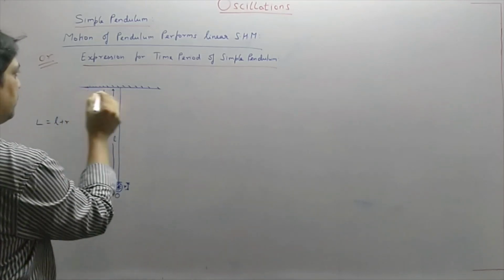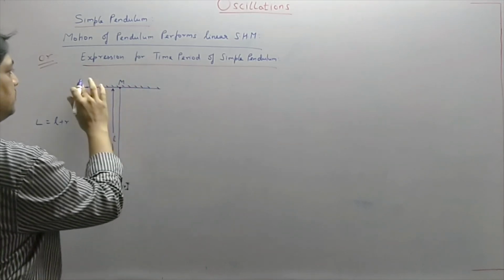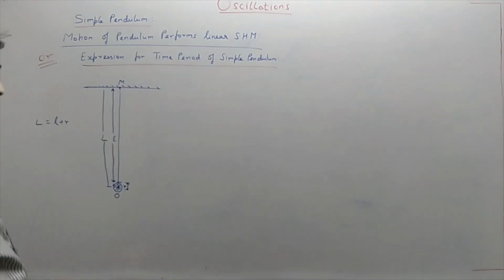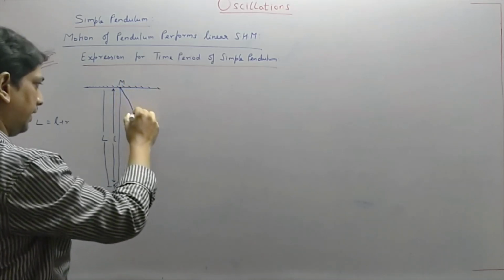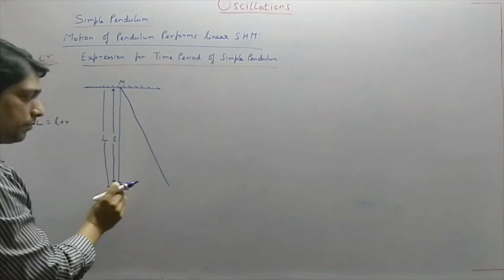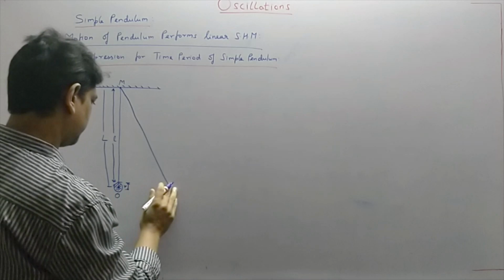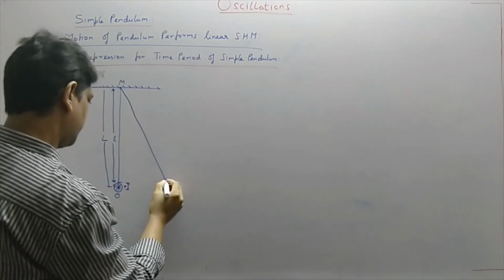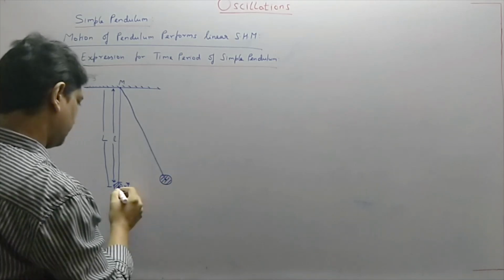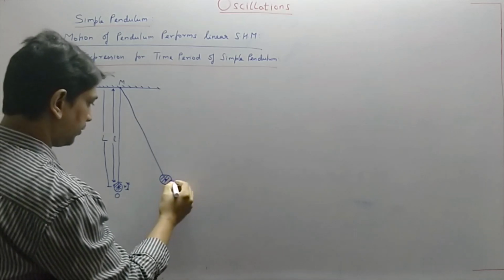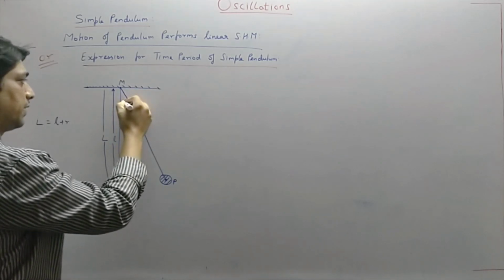We are finding the derivation of the time period of a simple pendulum. Suppose in a given time t, we give a small angular displacement, so the bob is displaced from its mean position at point O to point P, making an angle theta.